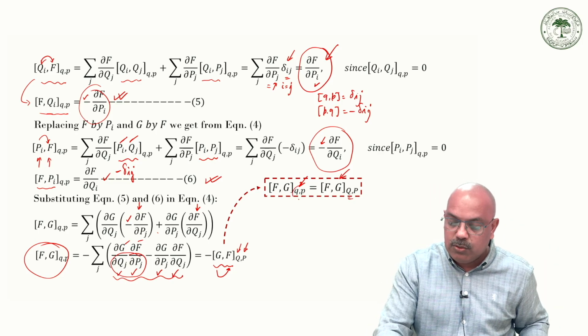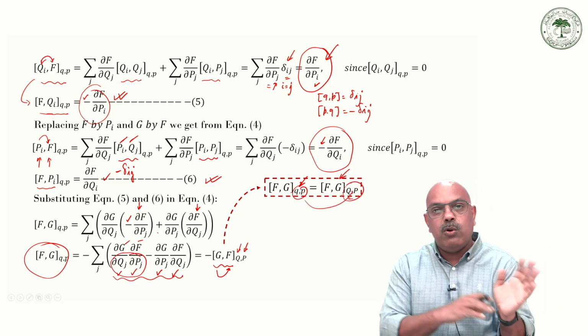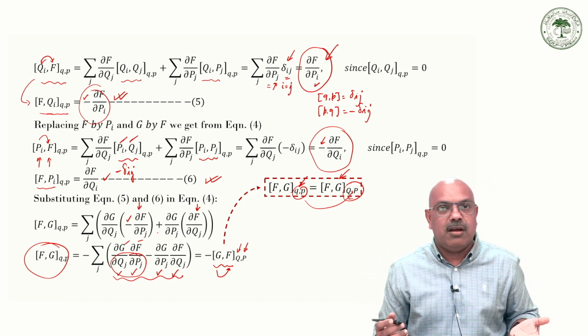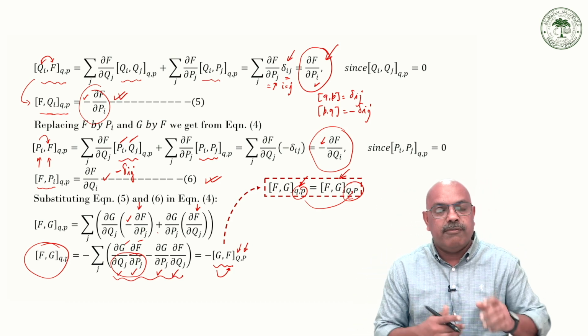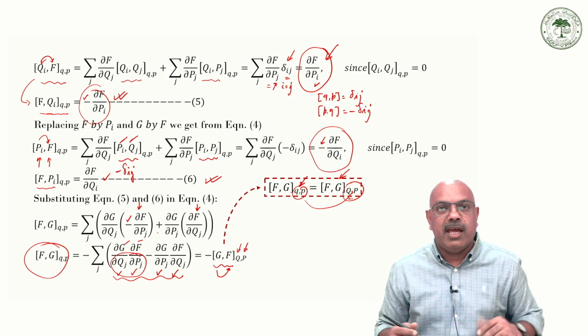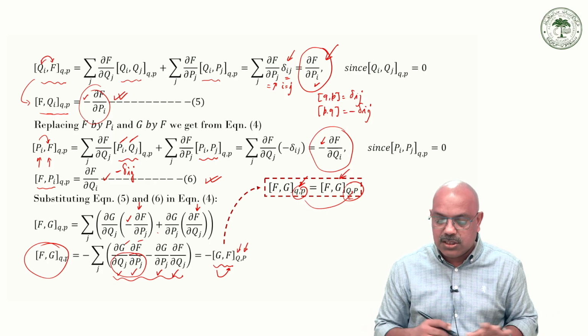So when you do the canonical transformation from the old coordinates to the new coordinates, the Poisson bracket of two functions which depend upon the canonical variables is also going to be invariant under the canonical transformation. This is what we had to prove.